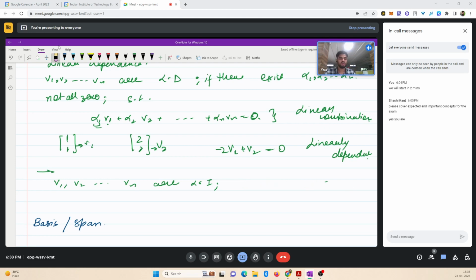They are called linearly independent if alpha 1 v1 plus alpha 2 v2 plus ... plus alpha n vn is 0, then alpha 1 is equal to alpha 2 is equal to ... is equal to 0. So all the alpha i's must be 0 for this particular combination to be 0. Then only you can say that your set v1, v2, ..., vn is linearly independent. Okay.